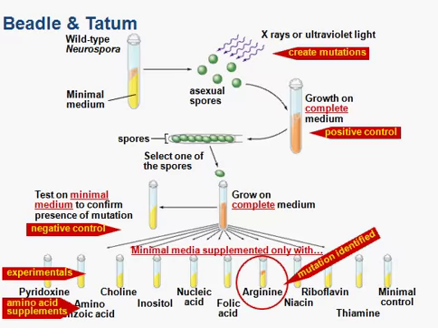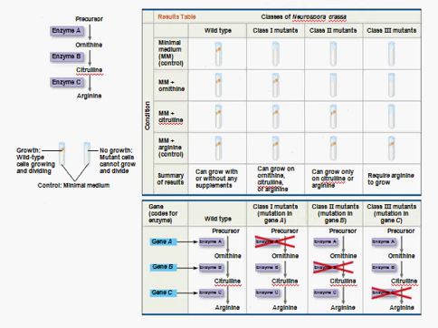This is another depiction of this experiment, showing how the minimal medium was used for all four of these, the wild type being our control group. What they found was that when this enzyme was missing, arginine was not produced. When this enzyme was missing, arginine was not produced.